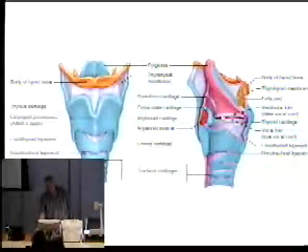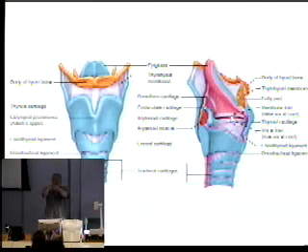Above it is a false vocal cord, or the vestibular fold. It's these vestibular folds that are going to close together to close off the glottis. And then the epiglottis is going to come down and create a little structure for all the stuff coming from the oral cavity to be bathed off to the side into these little valleys called the valleculae going around it and then down into the esophagus.